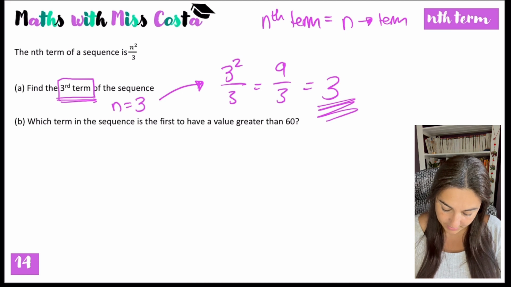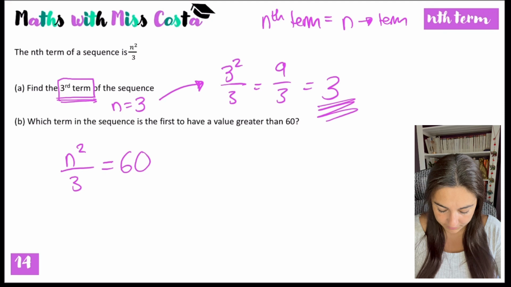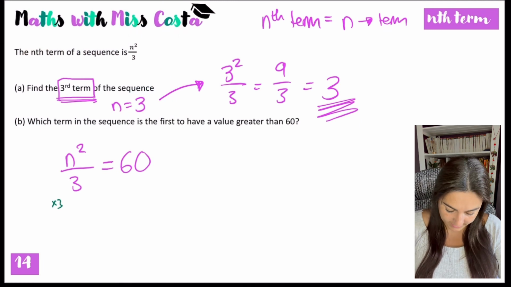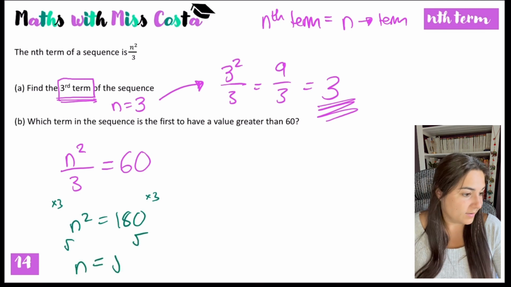And then it says which term in the sequence is the first to have a value greater than 60. So what I want to do is make this equal to 60 to figure out which term that would be. Rearrange it. So let's times both sides by 3. So n squared is 180, and then do the square root. Where's my calculator gone?